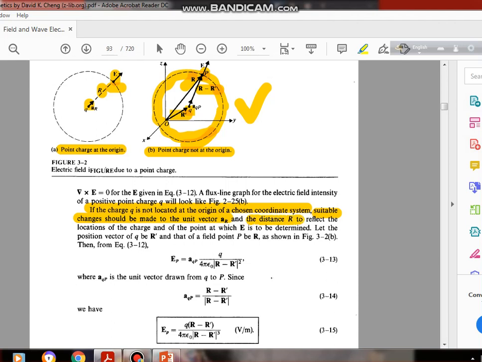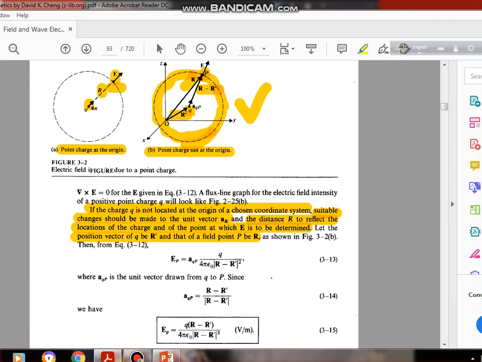Here the distance r reflects the locations of the charge and of the point at which E is to be determined. That means we have to find the electric field intensity at the distance r, which is known as the test charge. Let the position vector of q be r dash and that of a field point P be r.